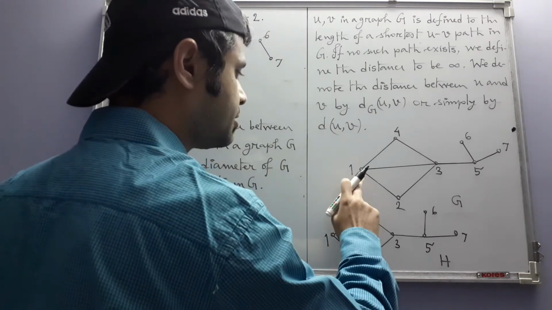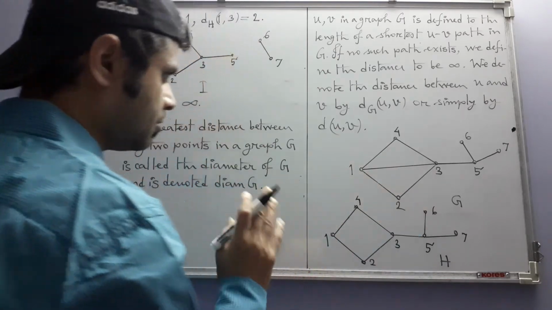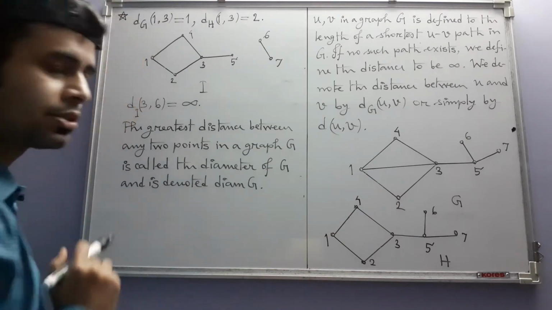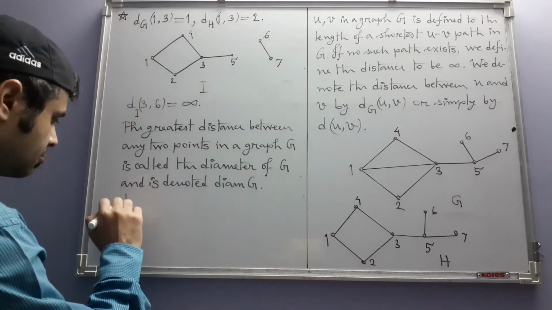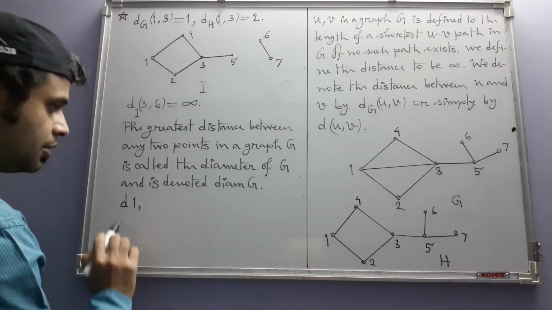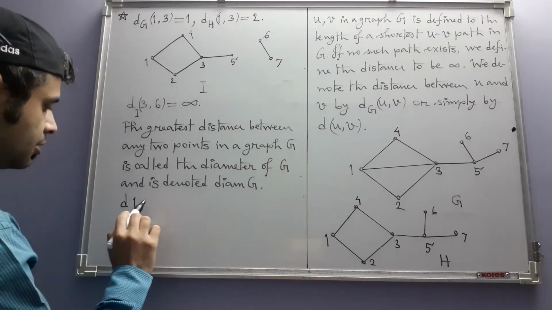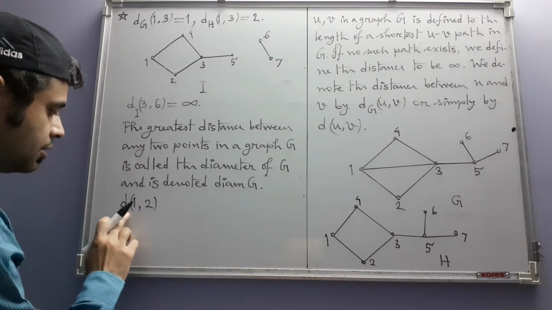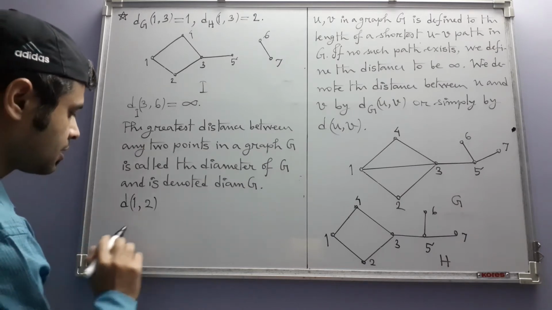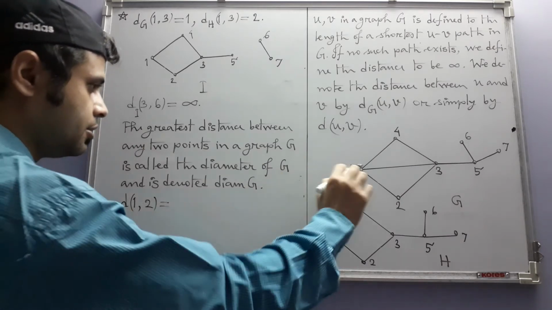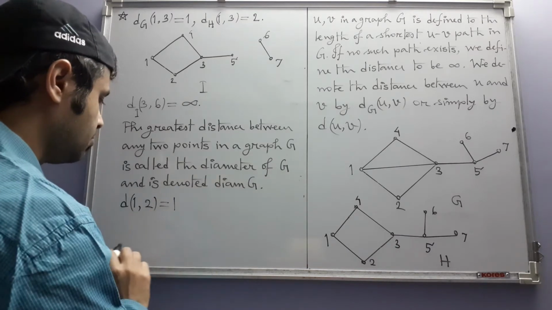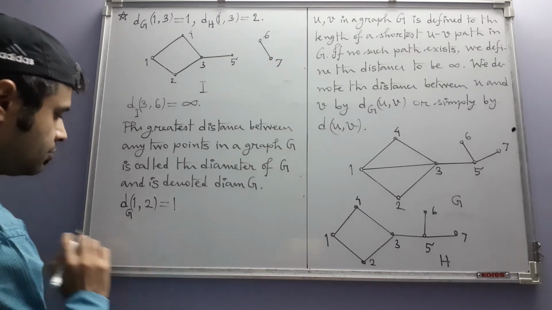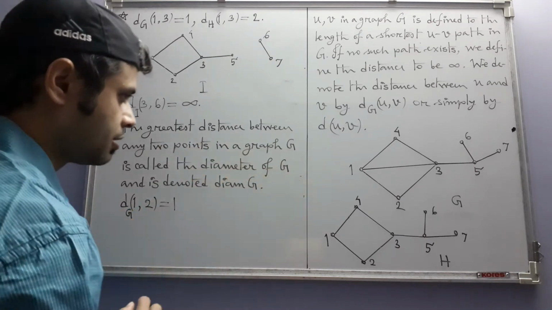For example, the distance between 1 and 3. Just let us, for this graph, write all the possible distances. Distance between, we go systematically, 1 and 2. Since we are in G, we choose to not write the subscript. The distance between 1 and 2 is 1, or okay, you may confuse this with the other graph. So let's just write the subscript.